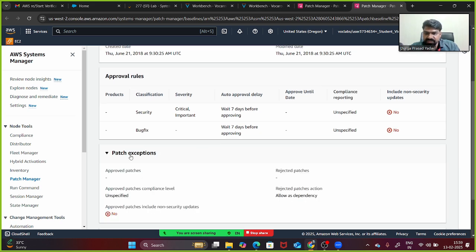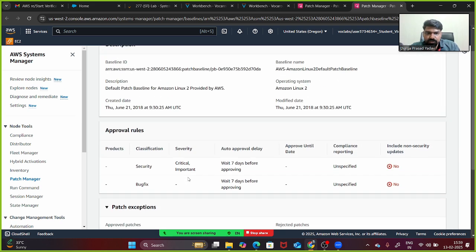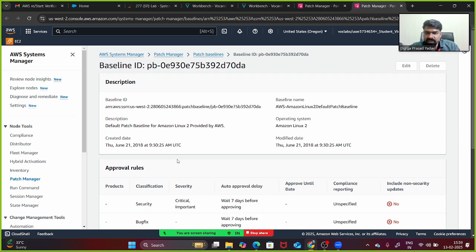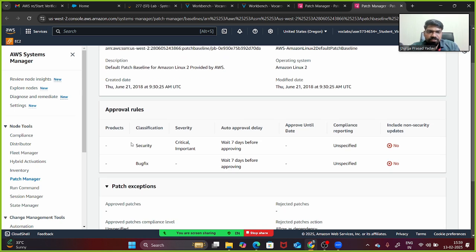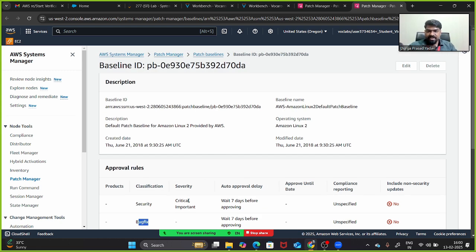Patch exceptions, patch source, where it is going to fix, product classification: one is security and second is bug fix. So this patch is used for security purposes, whether it's critical severity or important, and it is used for bug fixing. These are the two purposes of it, right?